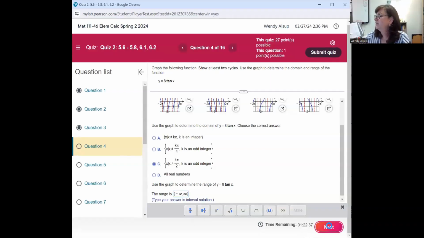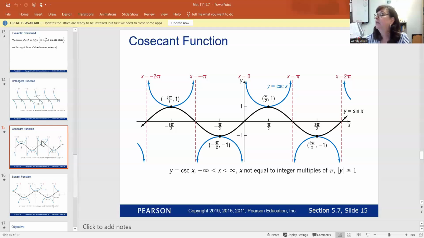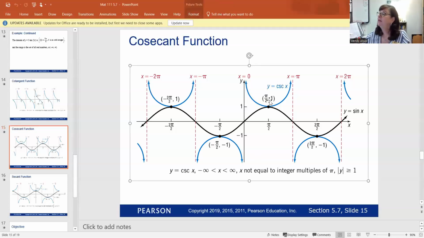All right, next. 8 cosecant x. Well, it might benefit you to go back here and review the cosecant function. So let's go look at that real quick. Go back here. All right, cosecant. Cosecant is the reciprocal of the sine.